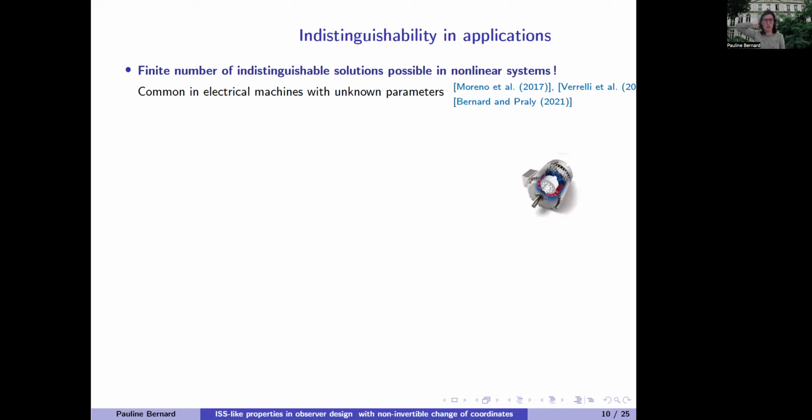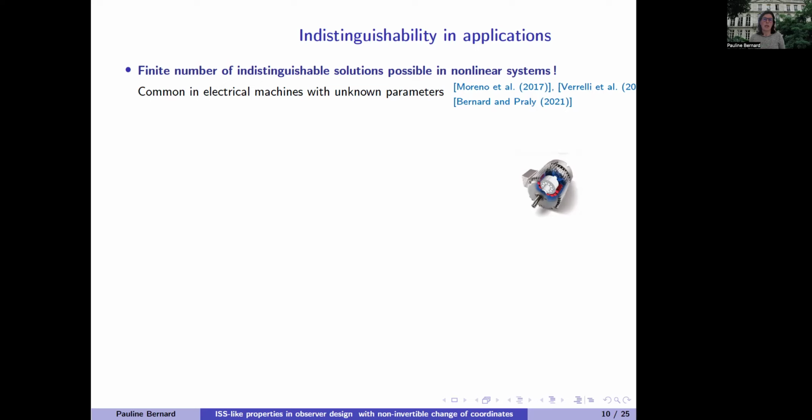Well, the first reason we tried to handle this topic was that, unlike for linear systems, where indistinguishability is necessarily a finite dimensional space but with an infinite amount of elements, in nonlinear systems, it may occur that there are only a finite number of indistinguishable states, solutions.